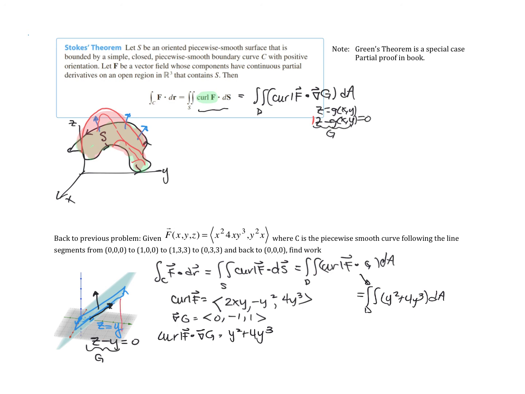D would be the projection down here. And so what is that? X goes out to 1 and y goes to 3. X goes out to 1, y goes to 3, so just rectangular. Okay, so simple enough integral at this point. I think that you can work that out.